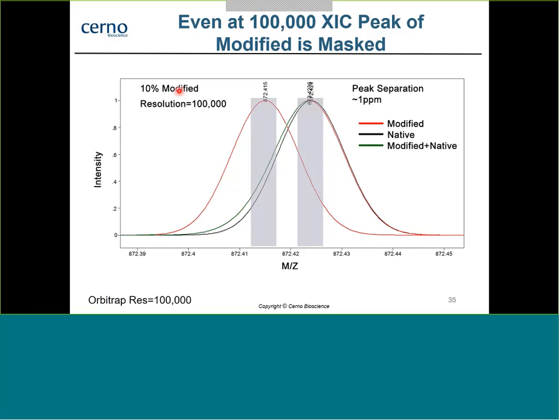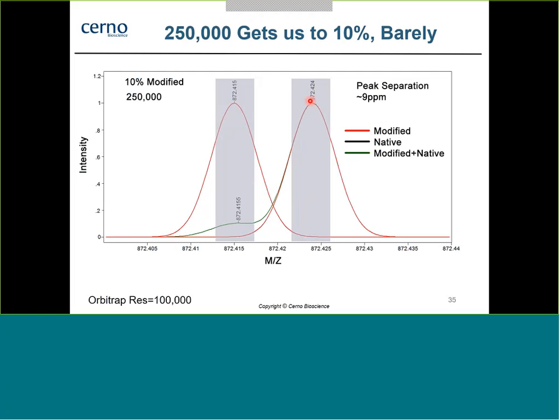If we add these two together, where we scale this modified form to 10%, we get the green line here, which again shifts over into the other XIC window. So we will never see the modified form at the level of 10% if it's unresolved chromatographically, okay? Even at 100,000 resolution.